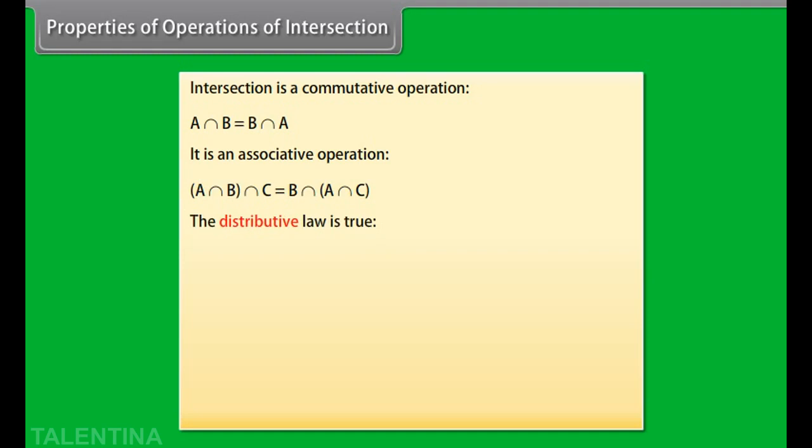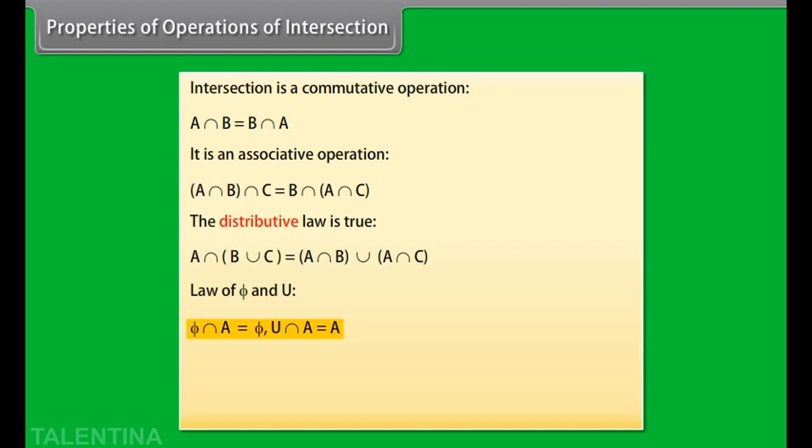The distributive law is true: A ∩ (B ∪ C) = (A ∩ B) ∪ (A ∩ C). Law of phi and U: phi ∩ A = phi, and U ∩ A = A. Idempotent law: A ∩ A = A.